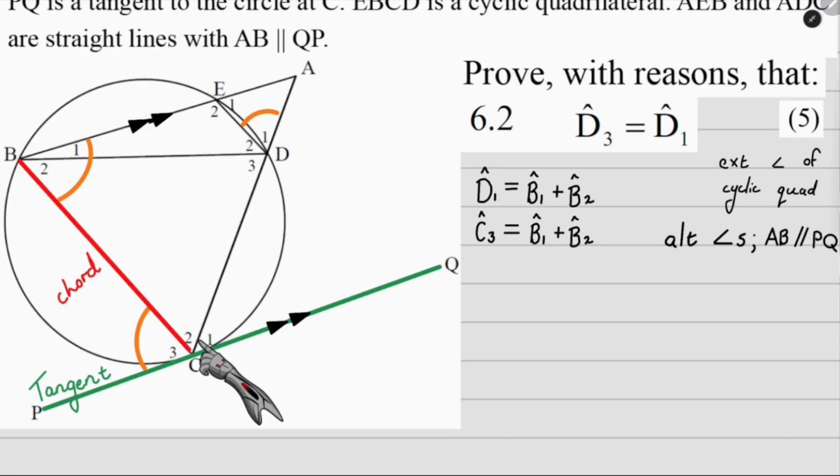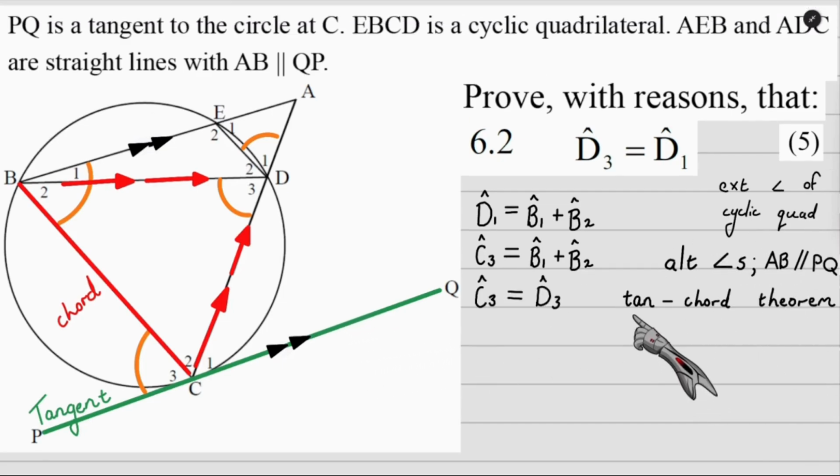So I'm going to follow that chord up and up again, and we get a winner chicken dinner. We get to D3. So D3 is also an orange angle. Okay, so let's state that. And we utilize that theorem in the previous question. It's the tan chord theorem, and we say that C3 is equal to D3 because of the tan chord theorem.